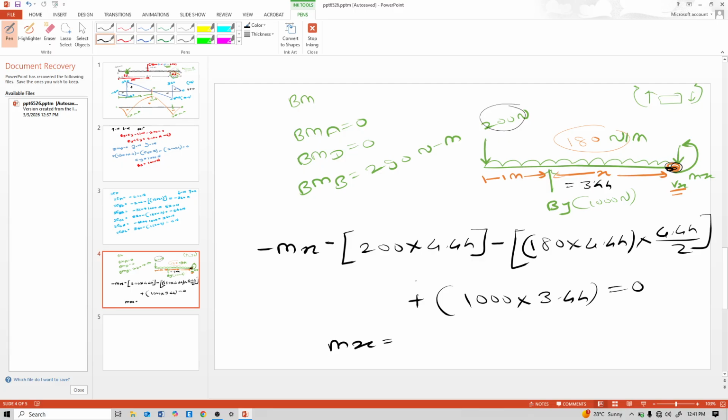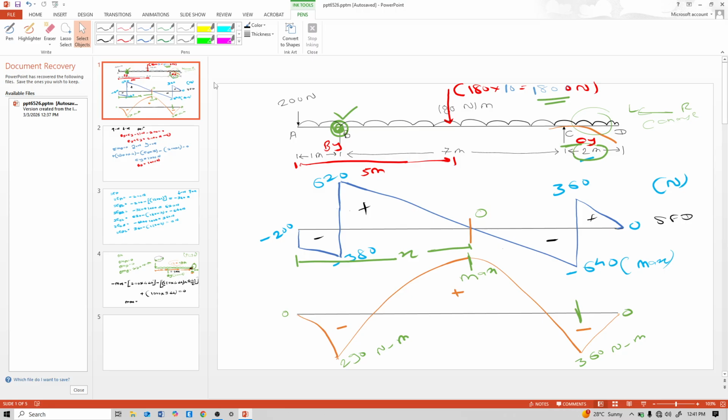So it is 777.78. So maximum moment is 777.78 Newton meter.